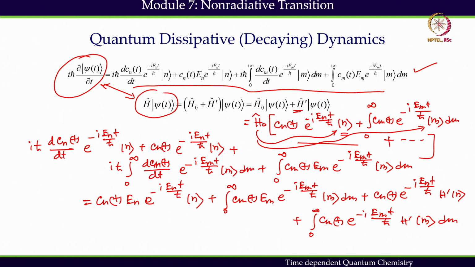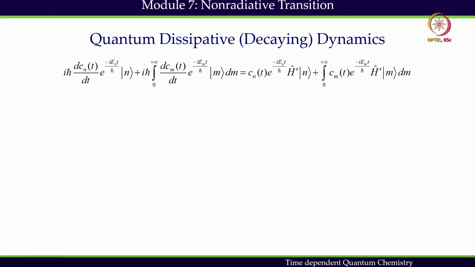This E_m term will be cancelling out, and here I had another term, E_n, so this term will also cancel out. So finally what I get is this expression.